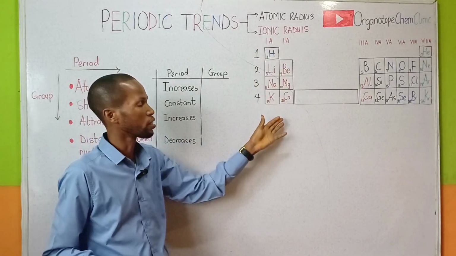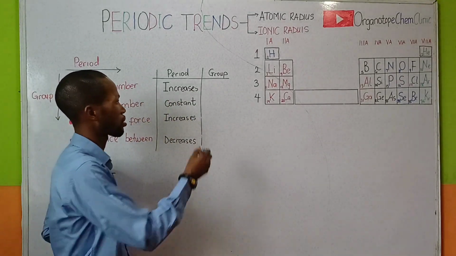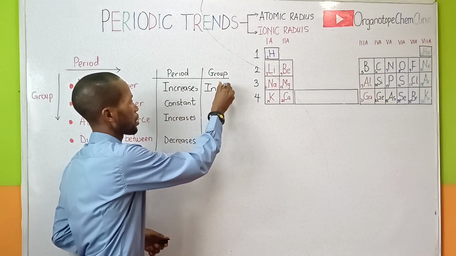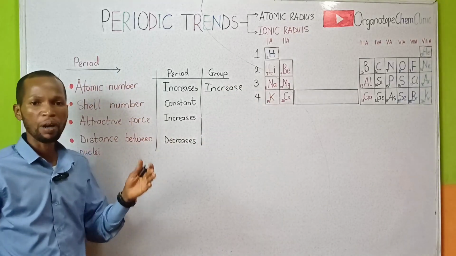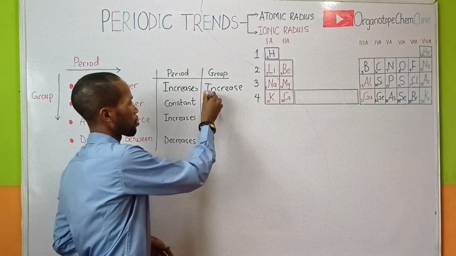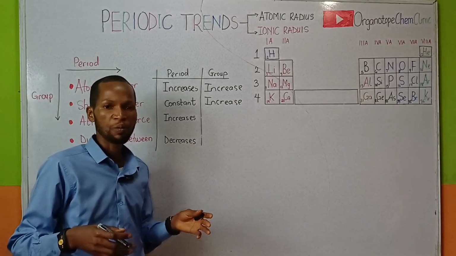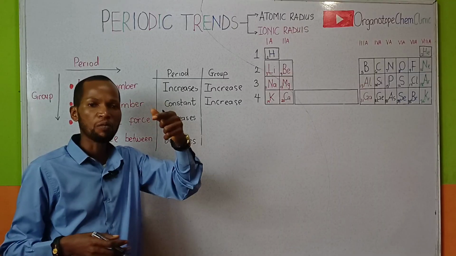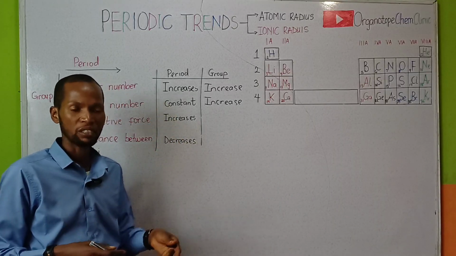While down the group in the periodic table, the atomic number also increases. We have an increase in atomic number. Then the shell number increases down the group. Since the shell number increases, the outermost electron is far away from the nuclei, so the force of attraction tends to drop.